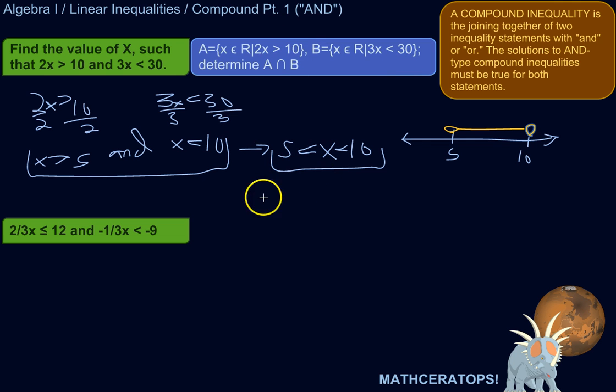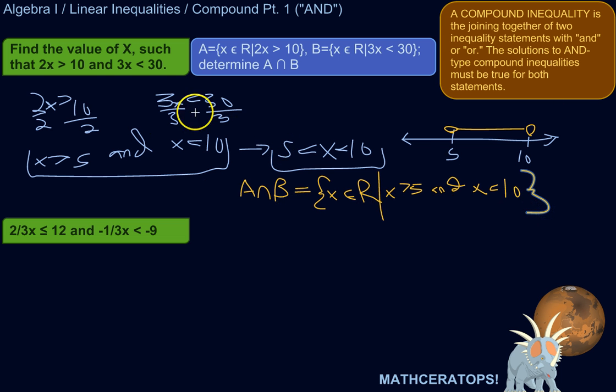And I could also write this in set builder notation. The intersection of set A and B is the set where x is a real number such that x is greater than 5 and x is less than 10.